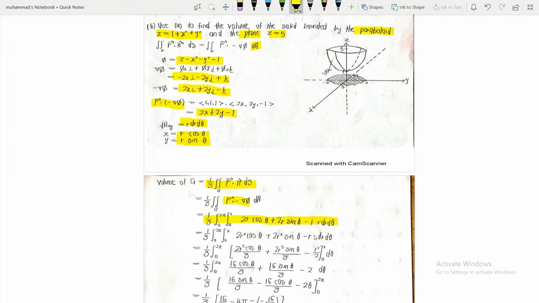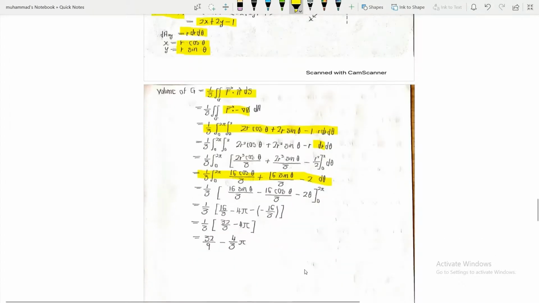After that, we integrate with dr. Then we get like this. And lastly, we integrate with d theta, and we get the volume is 32 over 9 minus 4 over 3 pi.